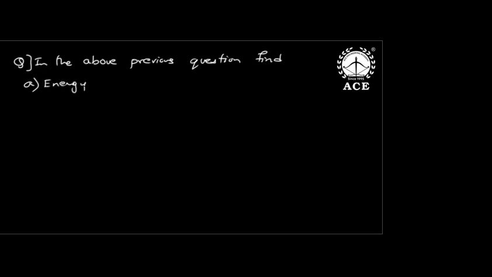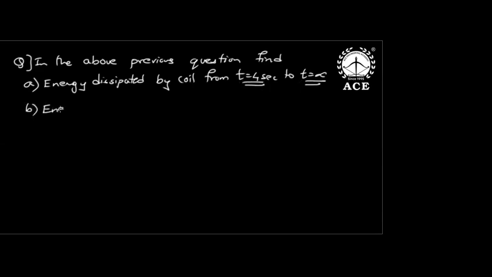A, energy dissipated by the coil from t equal to 4 second to t equal to infinity. B, energy stored by the coil up to t equal to infinity.